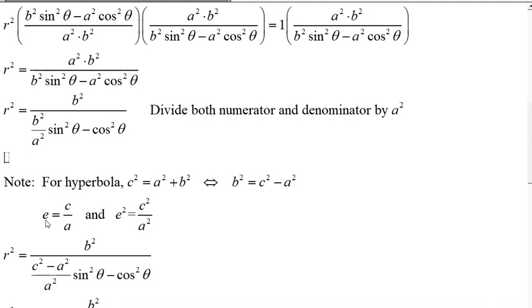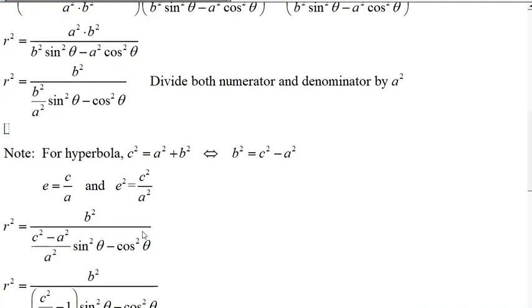Also recall that the eccentricity is defined as c divided by a. And so b squared over a squared is c squared divided by a squared minus 1. So in the place of b squared, we have c squared minus a squared.